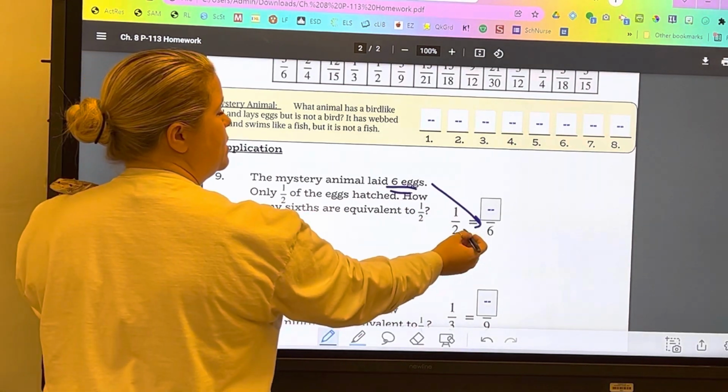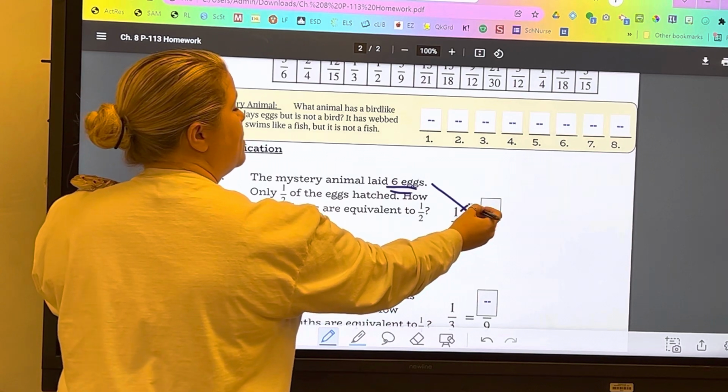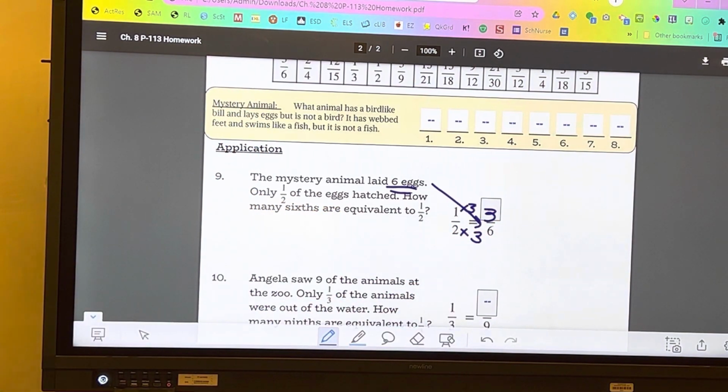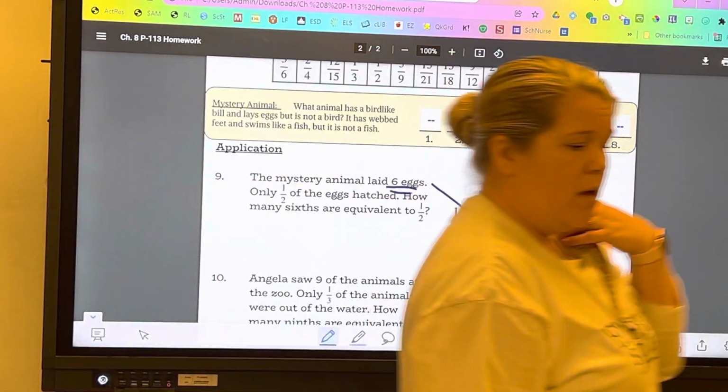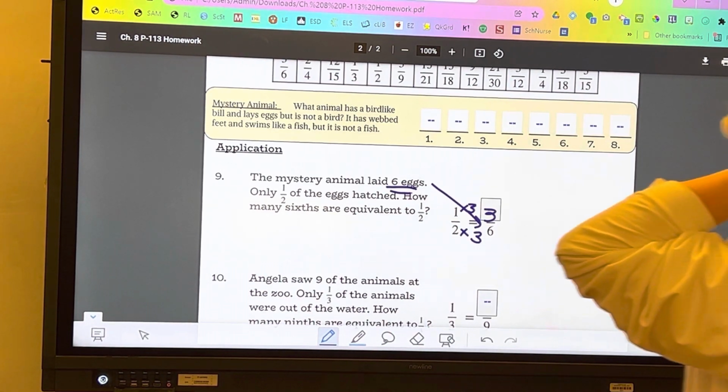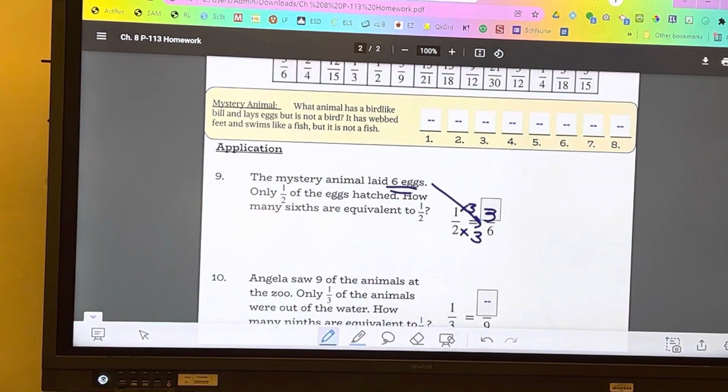How did 2 turn to 6? Times 3. So 1 times 3 is? 3. So they should have had 3/6 down there. If they didn't answer it, put it for them. If they didn't do times 3, that's okay. What happens if they didn't put it on the line? That's okay. On y'all's papers, it's a little weird.